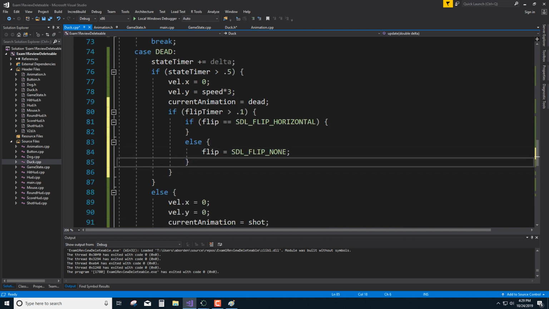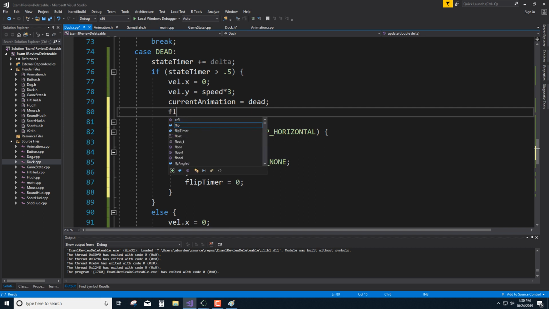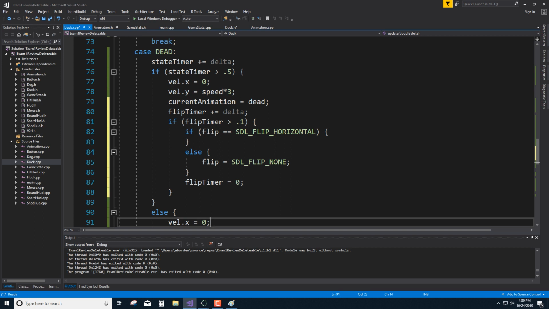In every case, we're going to set the flip timer back to 0. And then every time we're going to add delta to the flip timer. That should work. That's it.